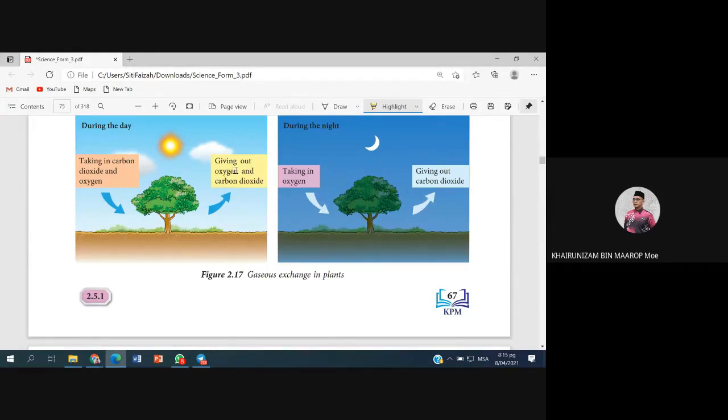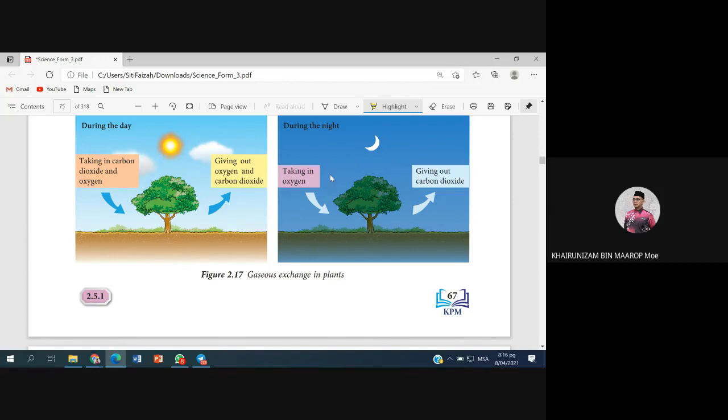But during the night, the plants will take in oxygen and give out carbon dioxide. So during the day, the process is called photosynthesis, because the plants need carbon dioxide and sun energy to do the photosynthesis process.